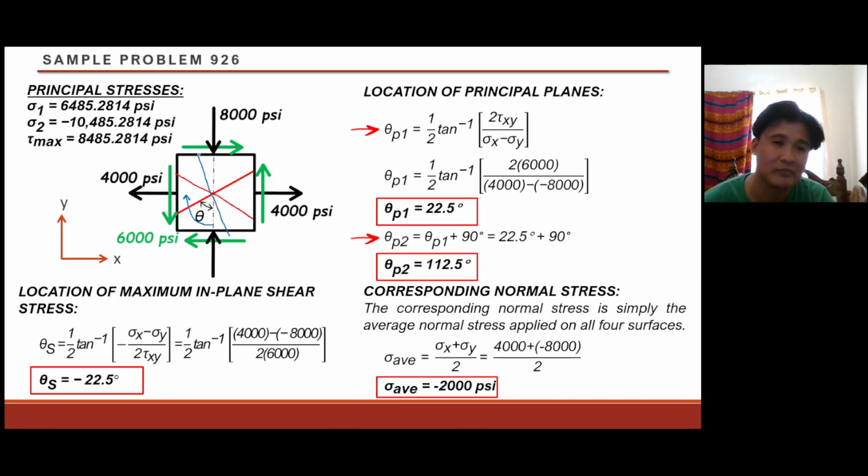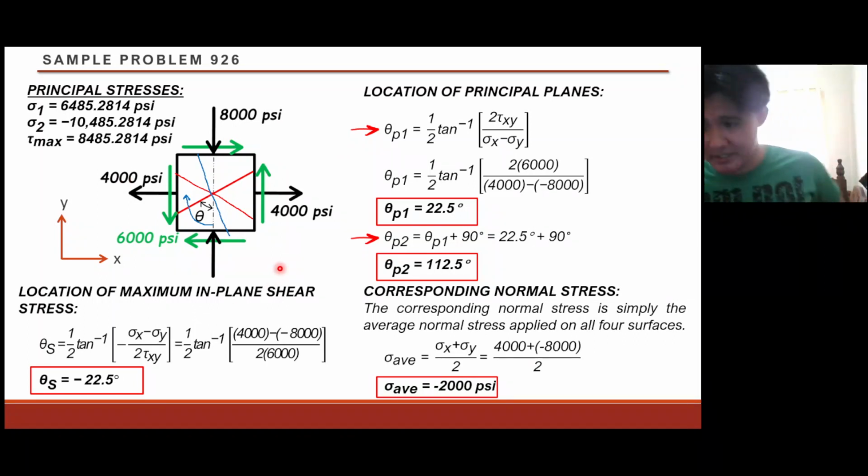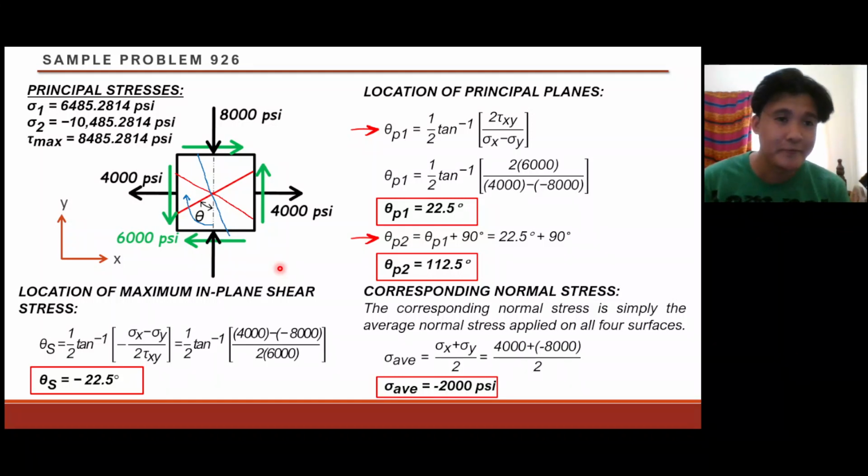So, dyan natin matatagpuan or dyan natin makukuha yung maximum shear stress natin given the loadings sa ating stress element. Okay? So, let it sink in before we go sa ating summary.